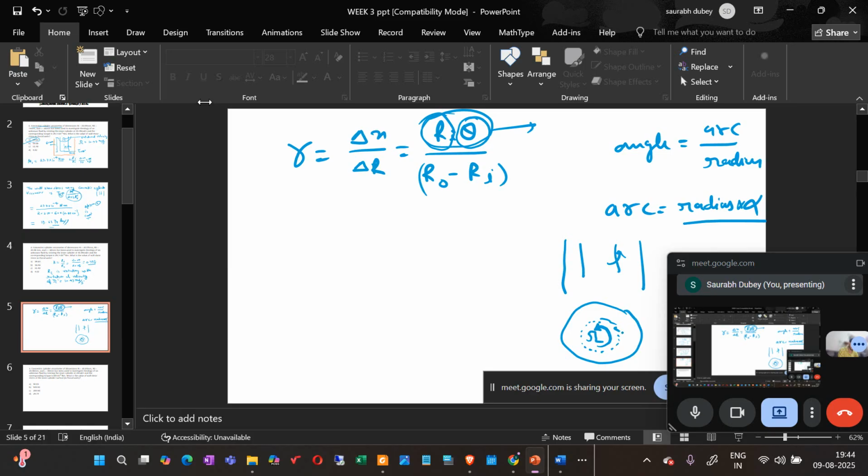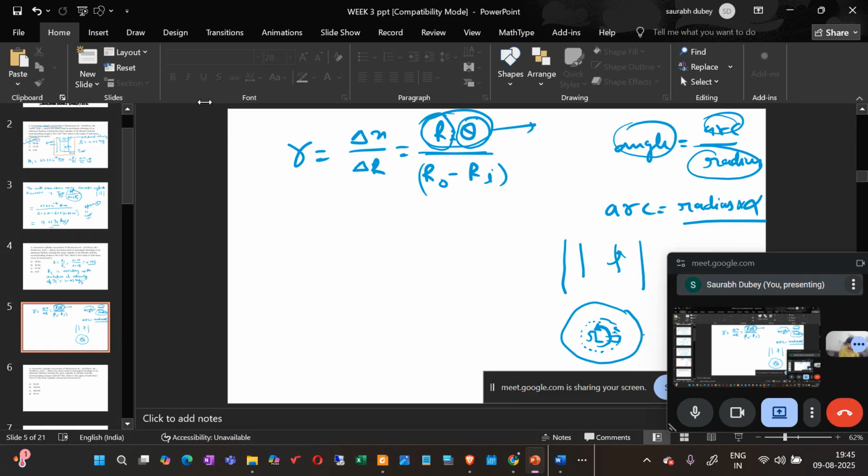So what it is saying is, when the gap is very narrow, this change delta x because of the rotation will be very small, and you can write that arc is nothing but angle multiplied by radius, which is coming out to be this, and delta r is what?